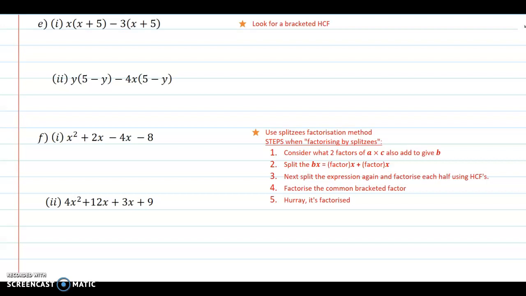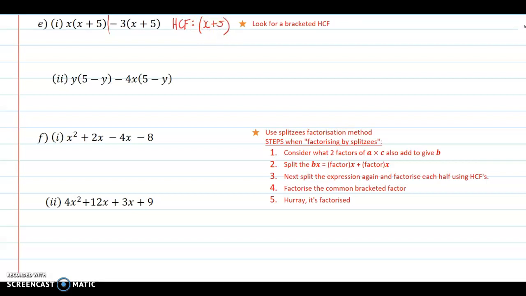And what we're doing here is splitting it in the middle and asking: does the left-hand term have a common factor with the right-hand term? Hopefully you can see that it has a highest common factor that's a bracketed factor of x plus 5.